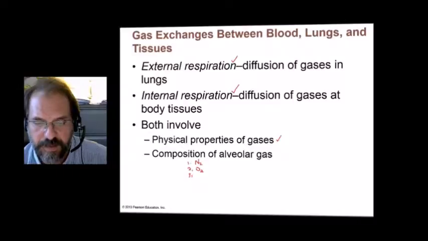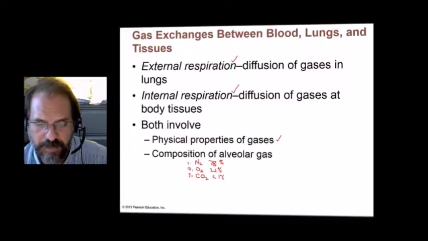Okay. Nitrogen makes up roughly 78%. It's actually a little higher than that. It's closer to 79. 78% nitrogen. Oxygen, about 21%. That's pretty darn close to actually exactly 21%. And the third gas is carbon dioxide, which is always written as less than 1%.